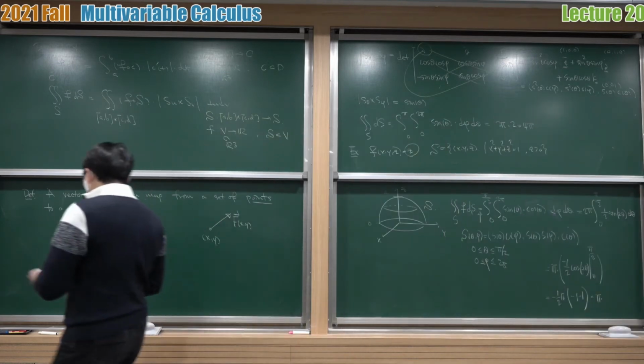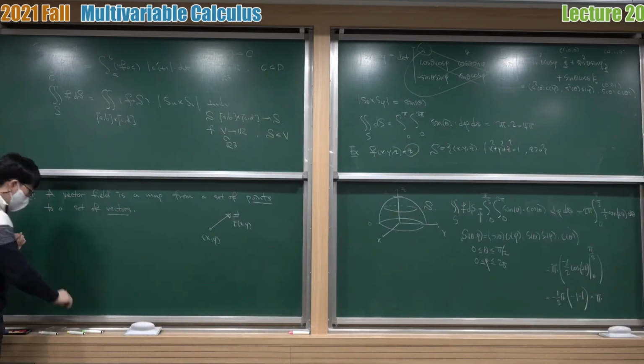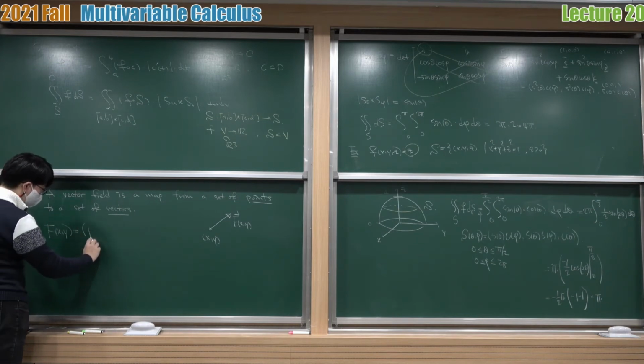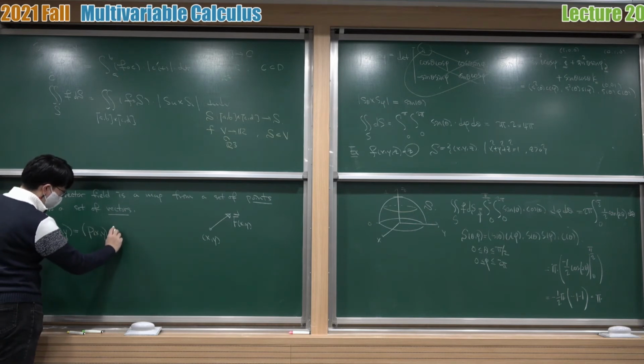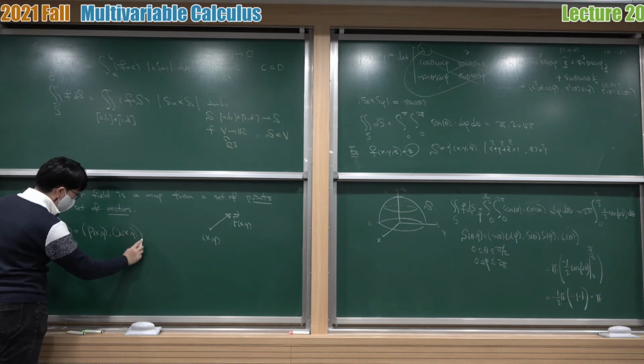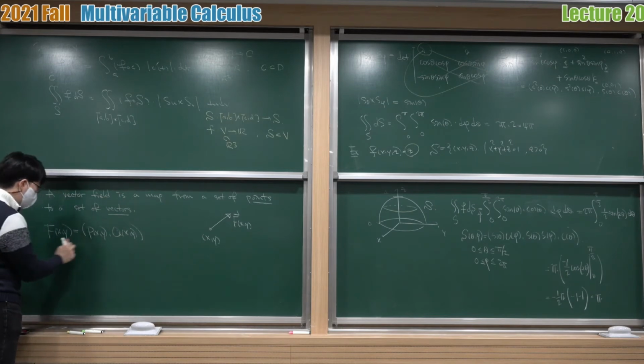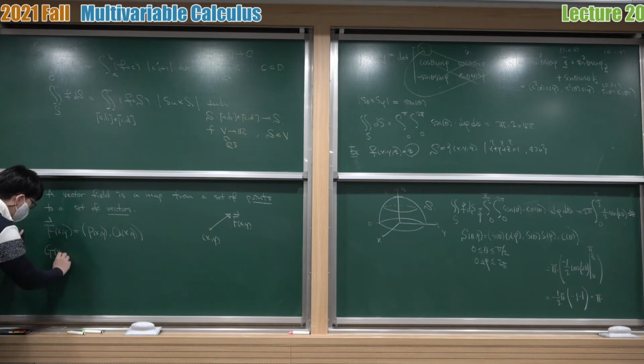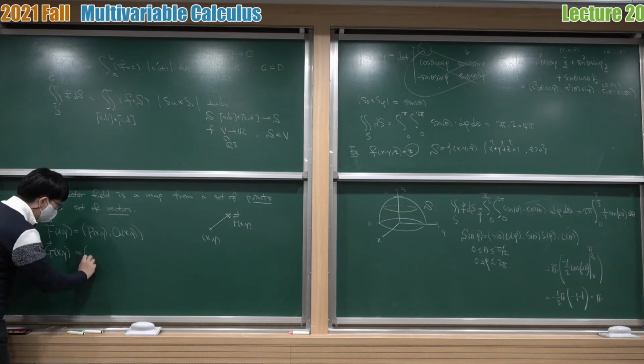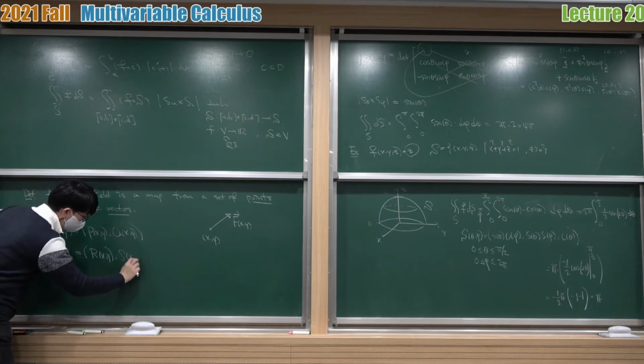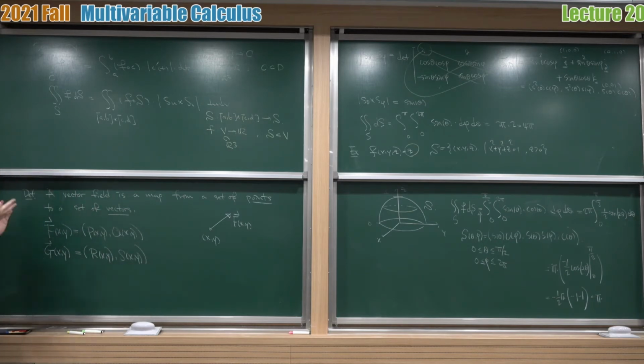However, if you're talking about the vector field, it's a multivariable function having two coordinates for the vector, which corresponds to the point x, y. And if you have another vector field defined on the same domain, let's say you have R and S, you can add these two vector fields to get another vector field.